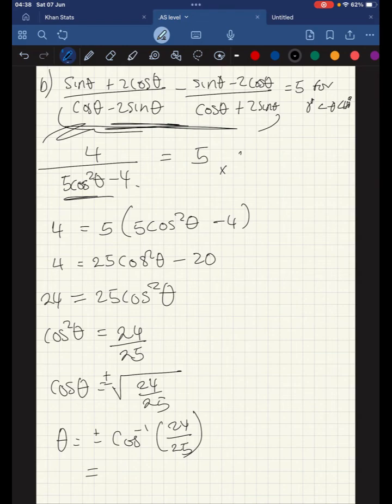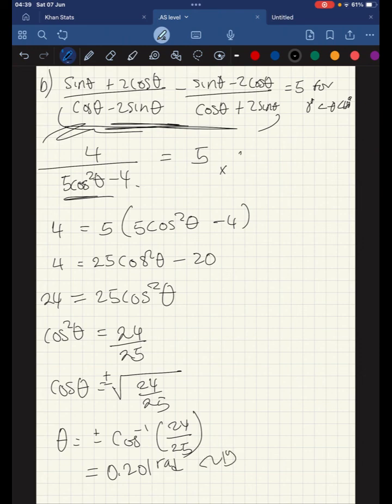Then we get our answer. So we say cos inverse, put it in a calculator, and we get 0.201 rads.